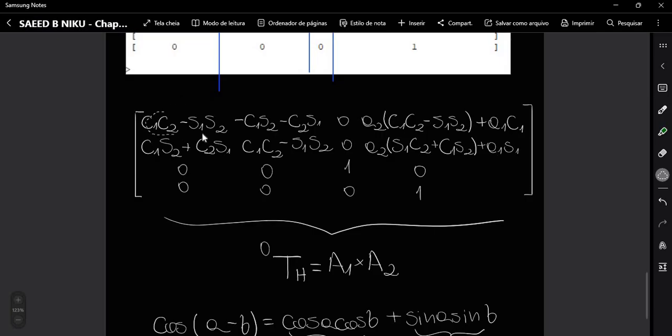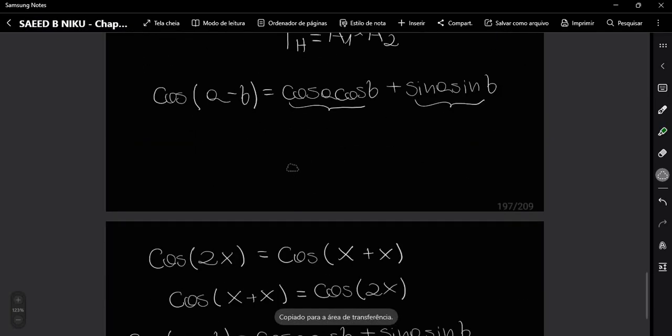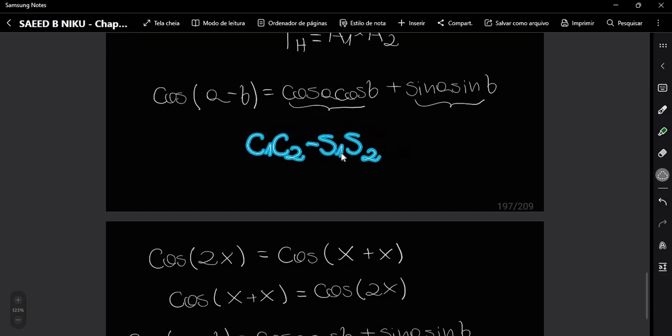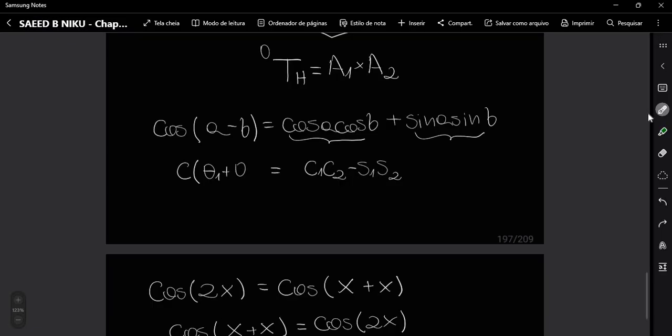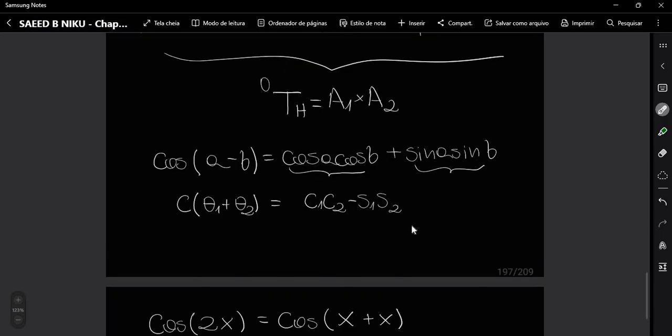This first element right here, we can write that cosine of theta 1 plus theta 2 is equal to C1 2, not C12, C1 2.